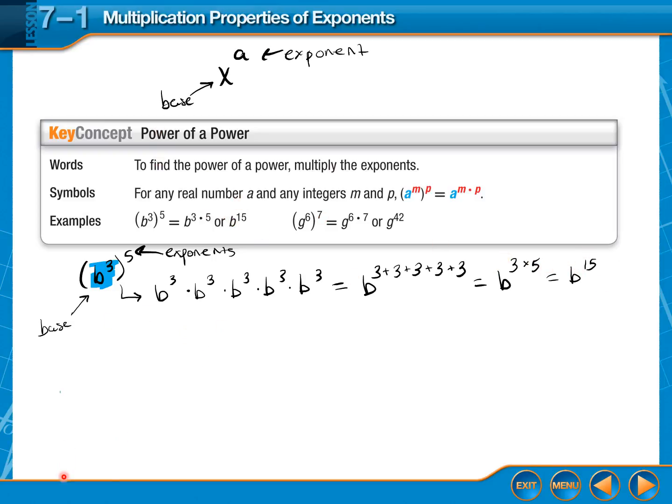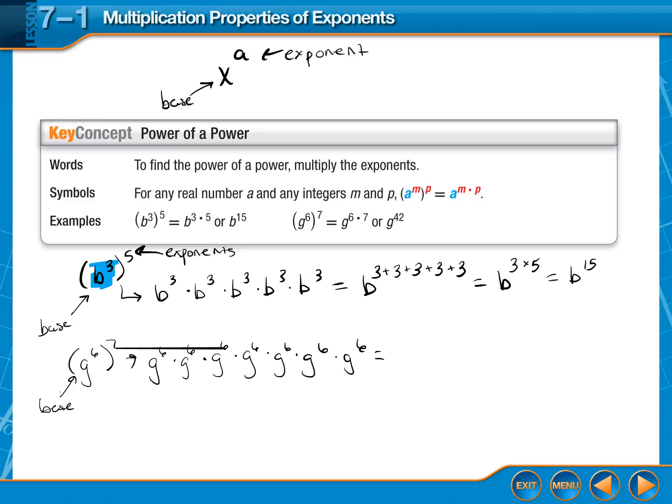Let's take a look at the other one here just so you can kind of see what it means. So if I take g to the 6th and raise that to the 7th power, g to the 6th is my base. That's what's repeating. So I'm going to do g to the 6th 7 times. And you can see what I mean about this getting kind of tedious when the numbers start getting bigger.